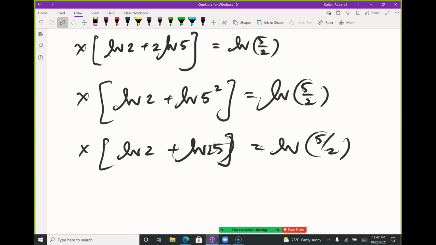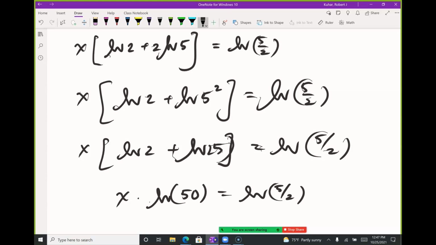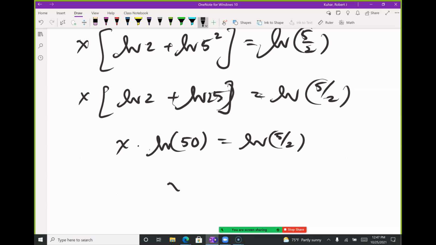And of course, I'm adding two ln's there, right? So I can use that product property and say I get x times the ln of 50, and that's equal to the ln of 5 halves. ln of 50 is just a number, so I'm going to divide by it. I get x equals ln of 5 halves over the ln of 50.